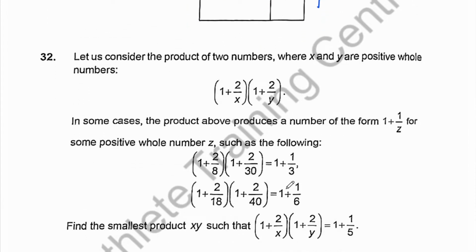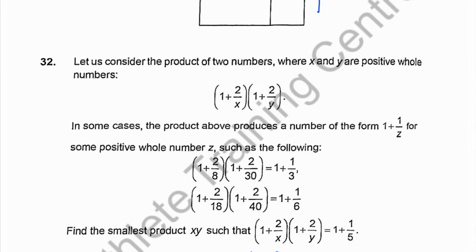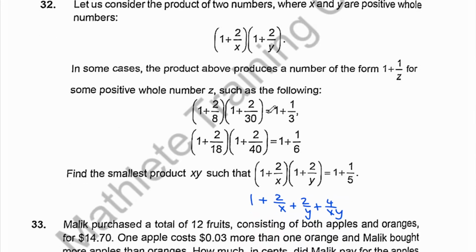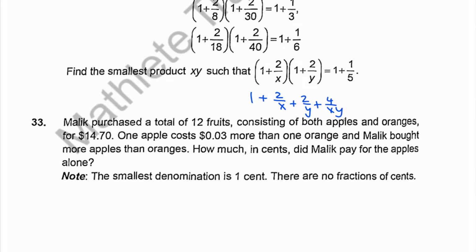Okay, for 32. So we want to find the smallest product xy such that this is true. Okay. So if we expand it out, 1 plus 2 over x plus 2 over y plus 4 over xy is equal to 1 plus 1 over 5.